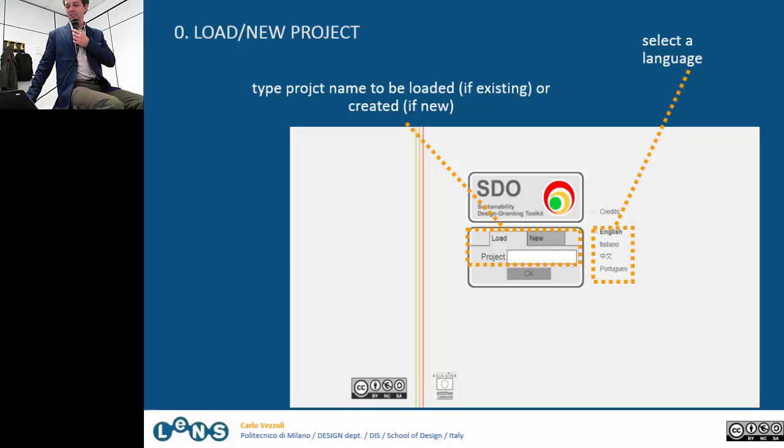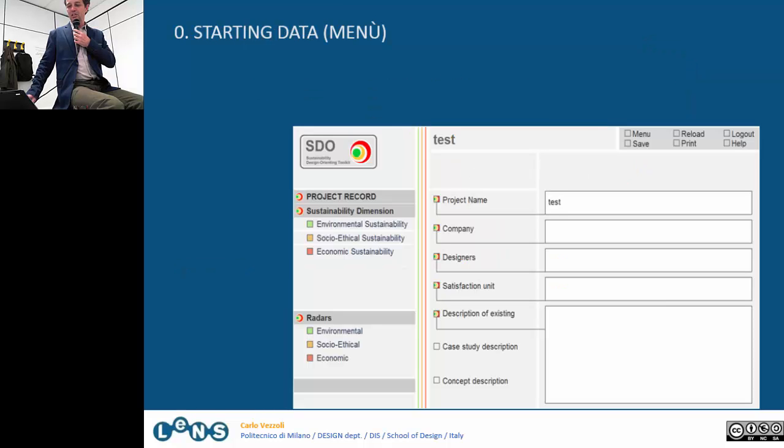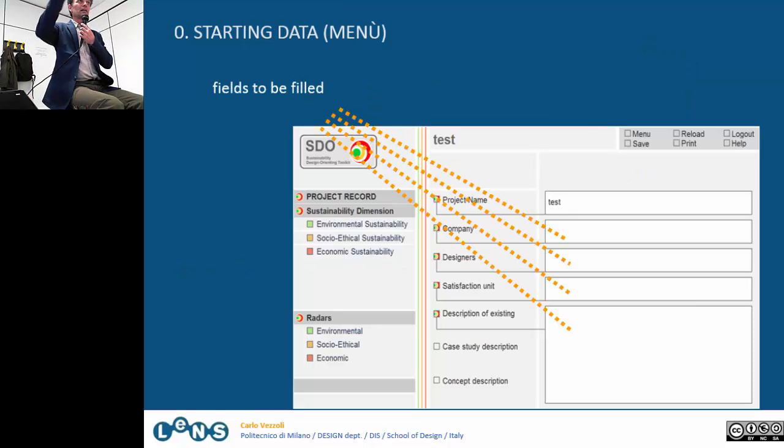There are some languages that you can select. Then you click on OK, and you go to the main page where you can fill some fields. And these are, for example, the satisfaction unit, what is the company, or who has given you the brief to design this, and something else.